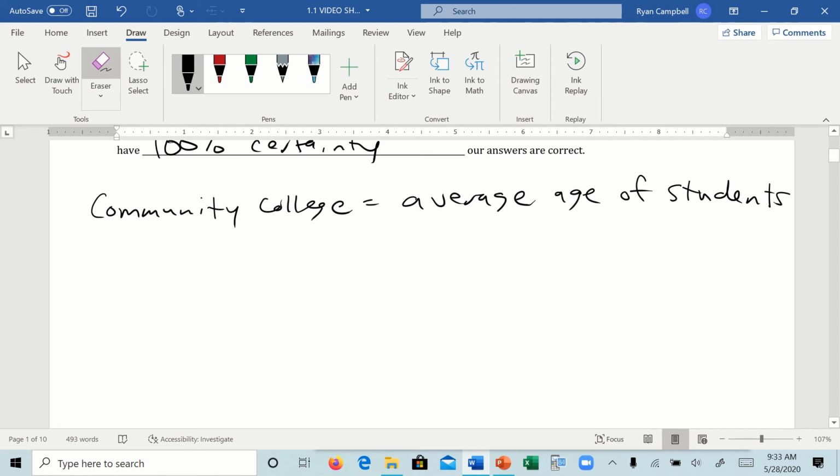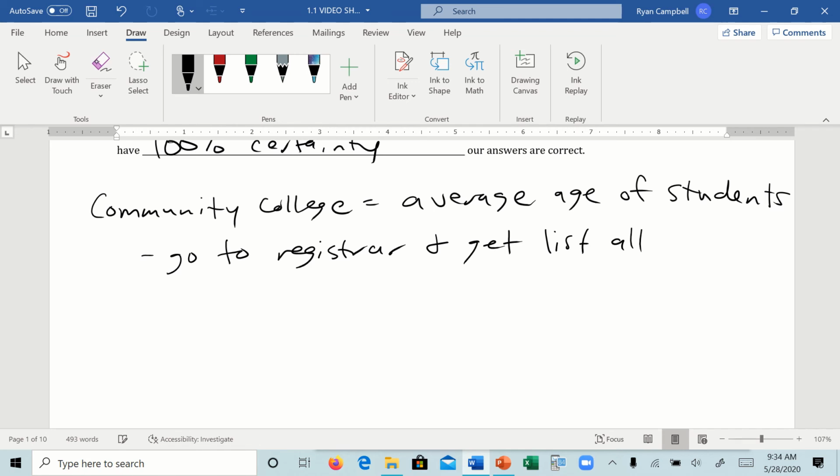Well, one thing you could do is maybe go to the registrar and get a list of all the students. So you look at their ages, you add up all the ages, divide by the total number of students, and that's how you get the average, right?